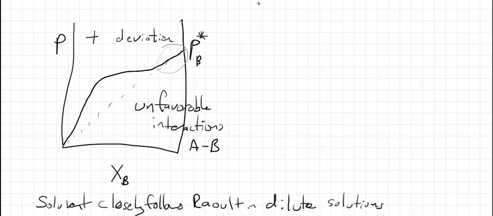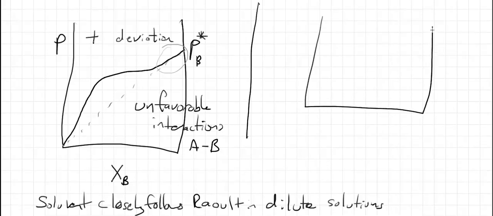Conversely, we could have a different situation where we have a vapor pressure curve that looks basically the reverse of this. So imagine we have a different set of chemicals and ones where there's actually a favorable interaction. In this case, the vapor pressure curve will look something like this.